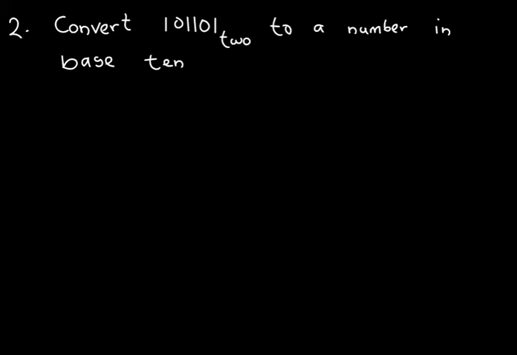Having to convert 101101 in base 2 to a number in base 10, that's the reverse form of conversion from base 10 to base 2, as we did in the previous example. We write this out. We have 101101 in base 2, right?